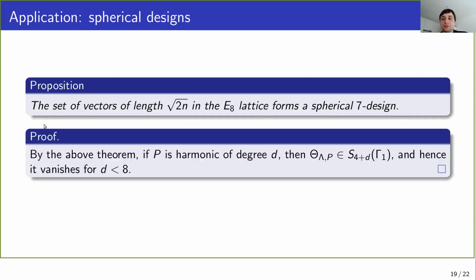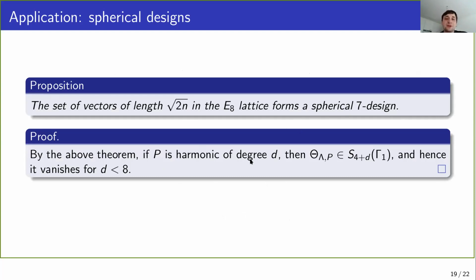So what we do is we apply the theorem. If P is harmonic of degree d, to check that something is a spherical 7-design, we need to check it against all harmonic polynomials of degree, well, odd degrees don't really matter, but between 1 and 7.